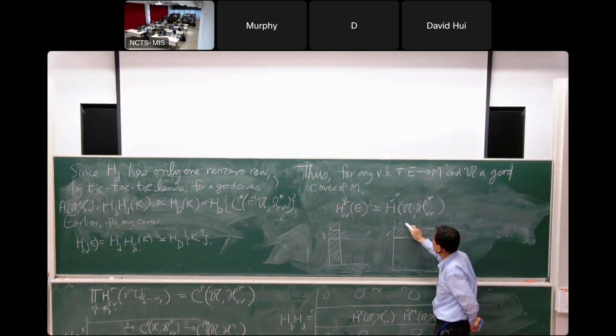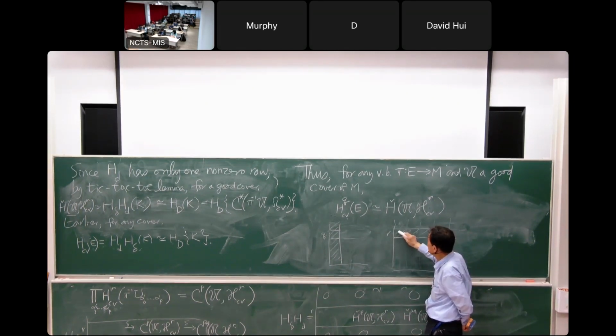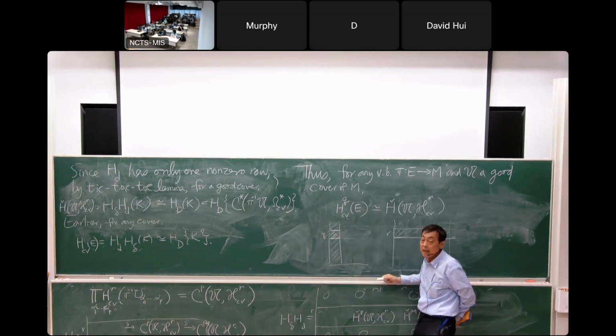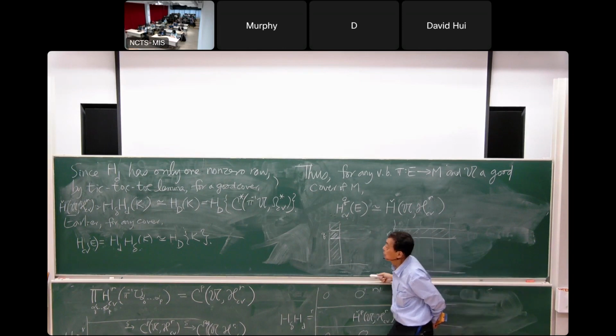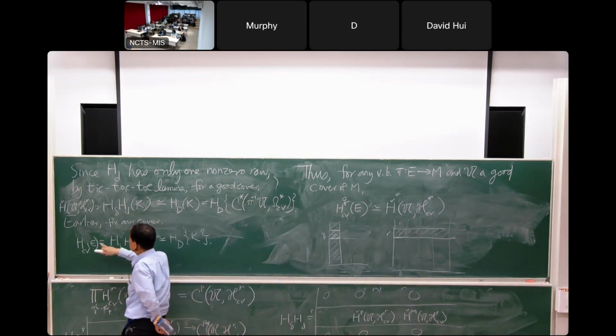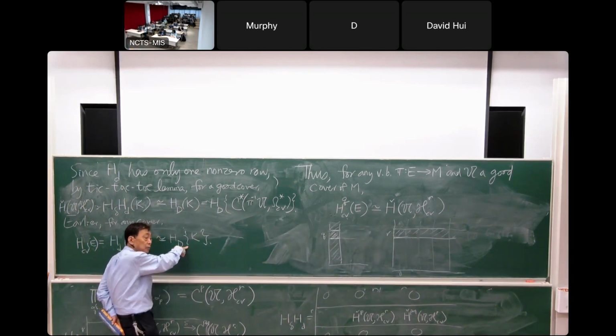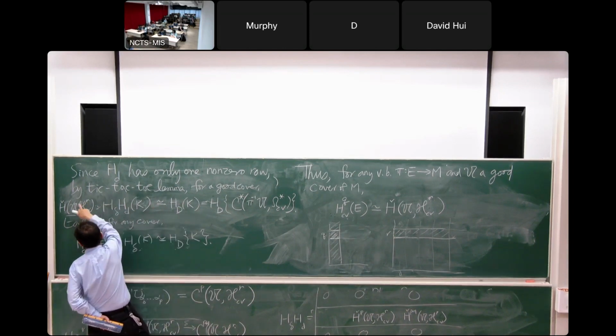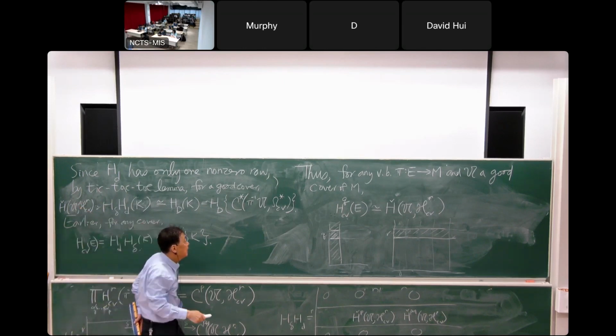It doesn't come from this box, because this box has degree R. This box has degree Q. So total degree Q here should correspond to total degree Q here.